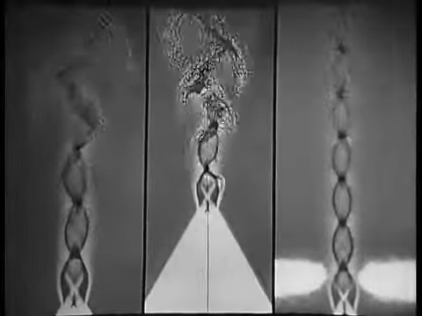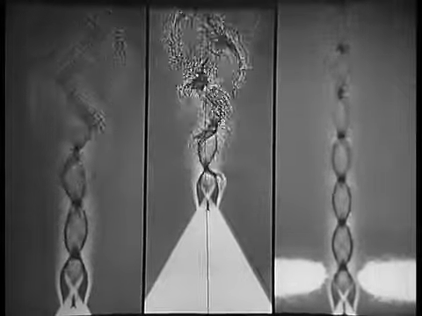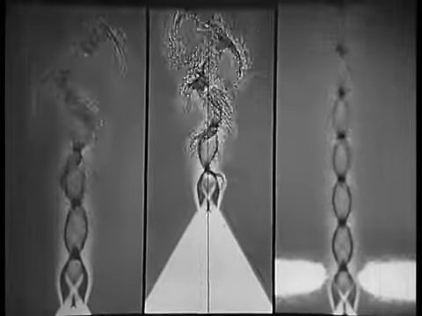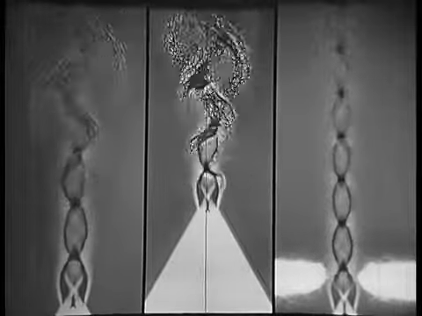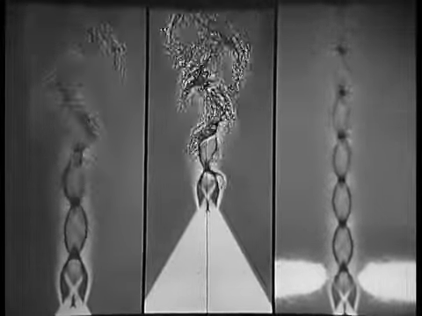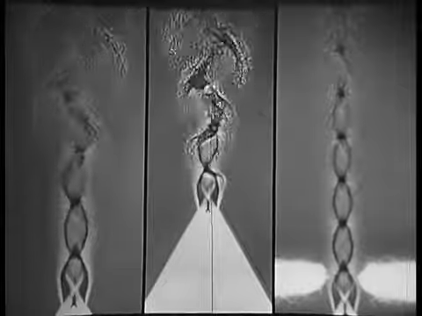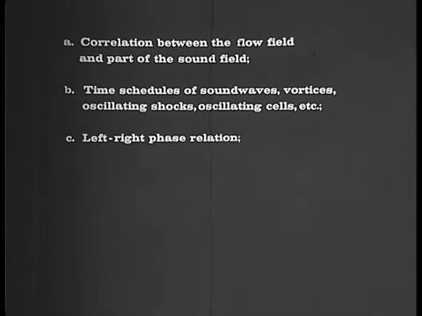Conclusions. The photographic study gives a sometimes exclusive answer, either quantitative or qualitative, to the following parts of the problem. A, correlation between the flow field and part of the sound field. B, time schedules of sound waves, vortices, oscillating shocks, oscillating cells, etc. C, left-right phase relation.